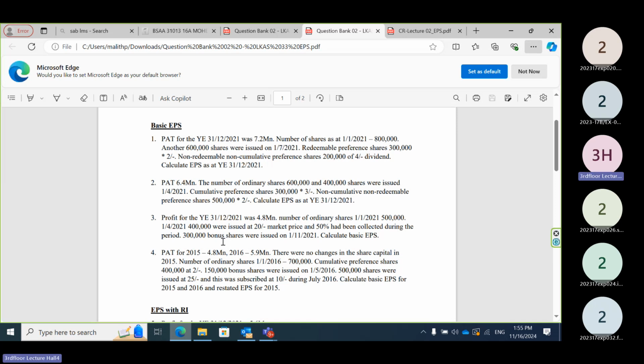Profit after tax divided by weighted average number of shares equals, 2021, right? 4.8 million. Opening shares 500,000.